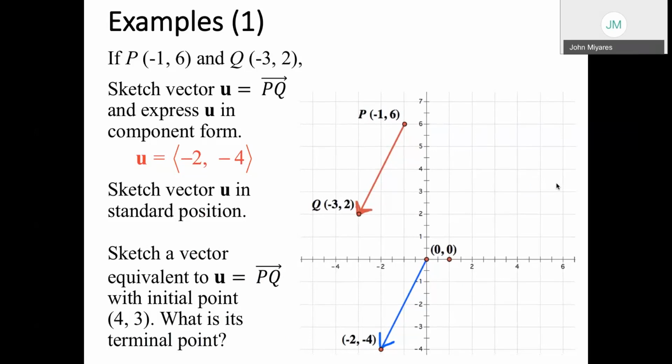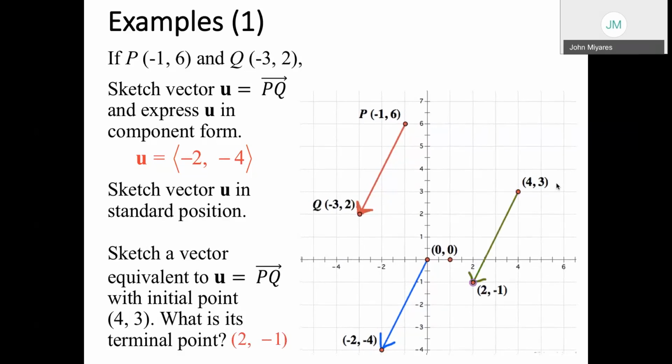Here's the point (4, 3). In order for the vector to be equivalent to the other two, you'd have to go left 2 and down 4, which would put you down here at the point (2, -1). Once there, we can connect the 2 points with a directed line segment or arrow.